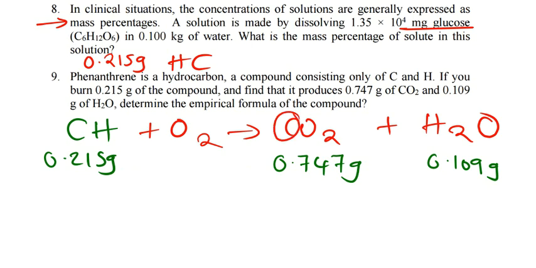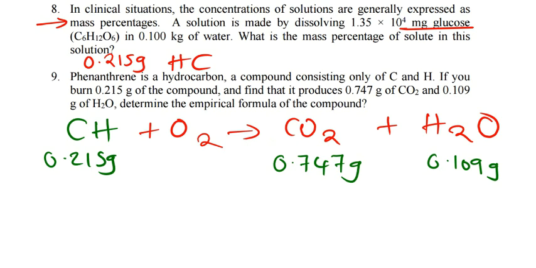In other cases, if you check our site, the compound can contain carbon, hydrogen, and oxygen, or even chlorine, or it may be nitrogen as well. How do you handle all those kinds of questions? You can go to our site. But in this case, we're only interested in carbon and hydrogen, so we have to find the mass of carbon and hydrogen.